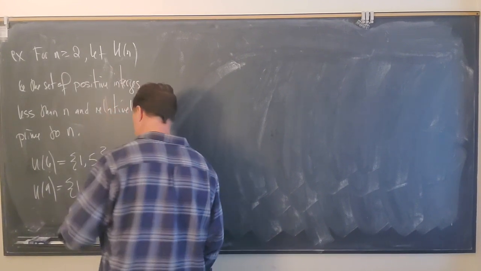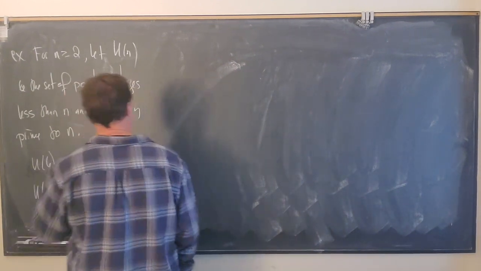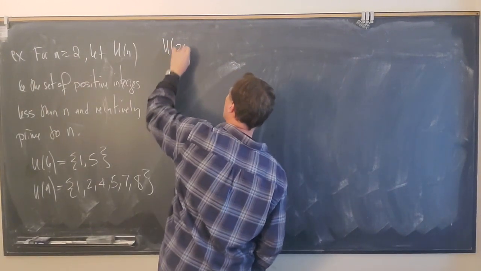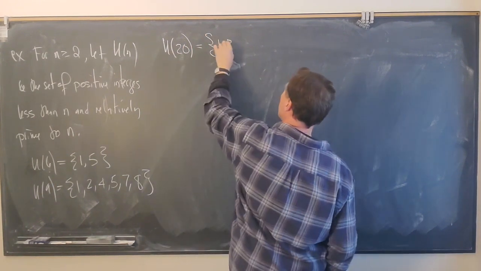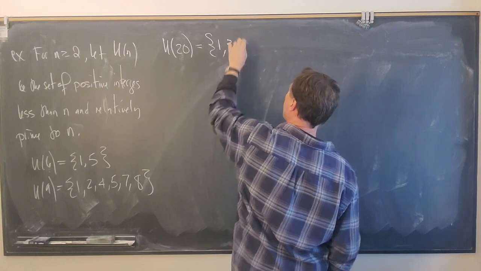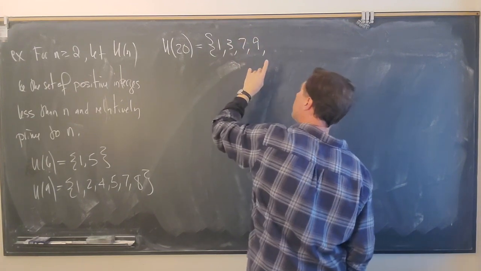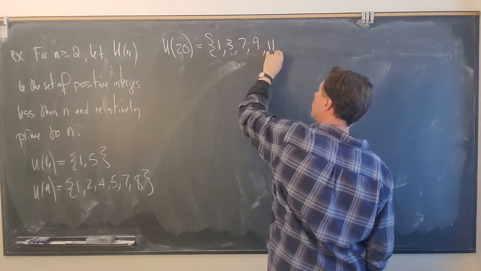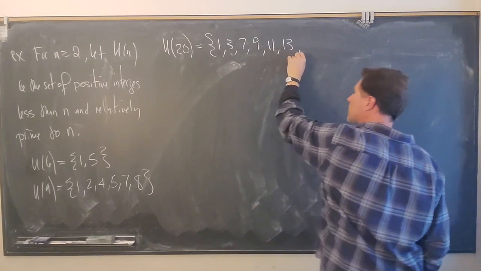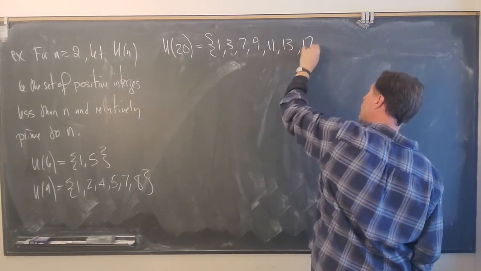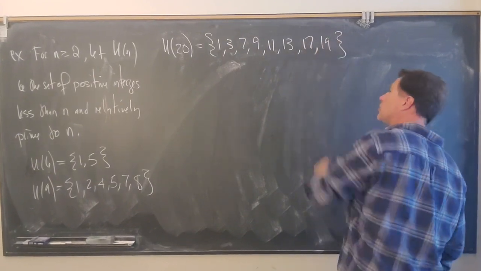All right, so there's U sub 9. Let me just do one more. U sub 20. That's going to be 1, 2, 3, 4, 5, 6, 7, 8, 9 is in there. 10, no. 11, 12, no. 13, yes. 14, no. 15, no. 16, no. 17, yes. 18, no. 19. Okay, so there's U sub 20.